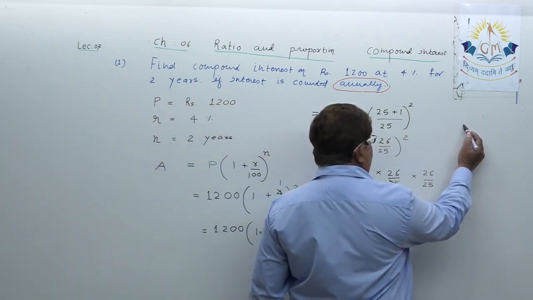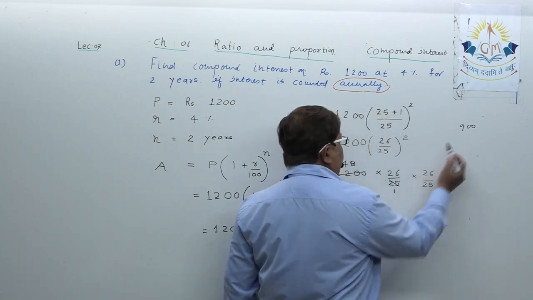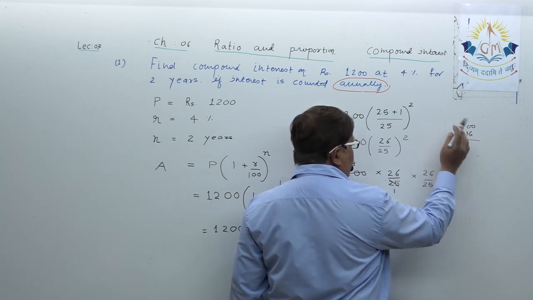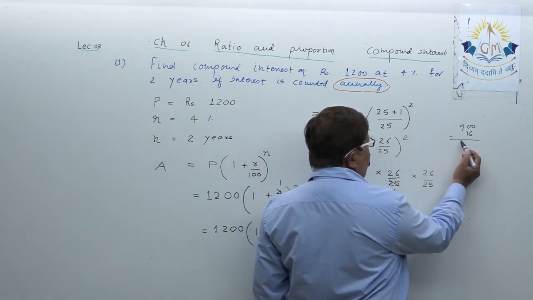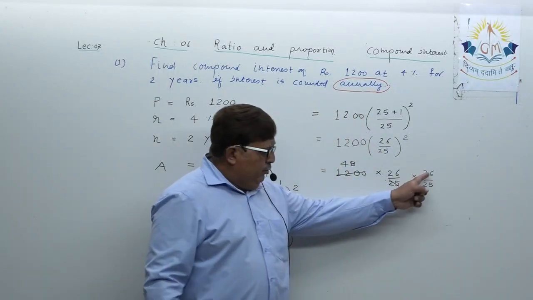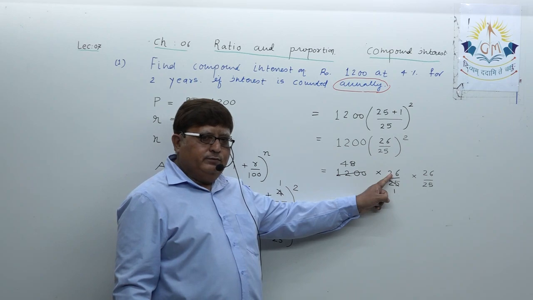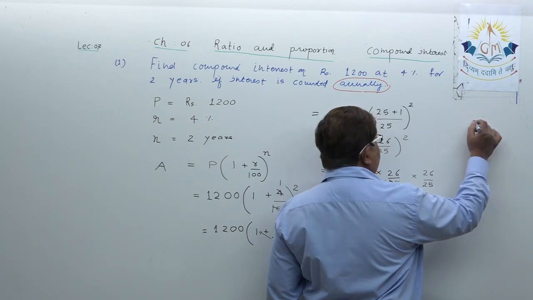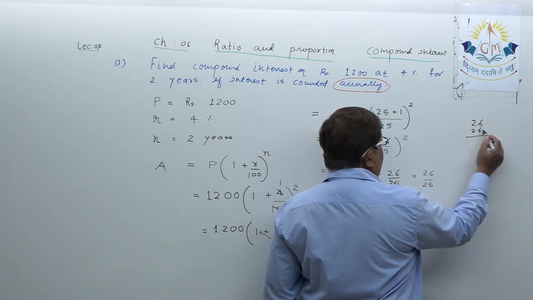Suppose we take 30 minus 4, then also, dear student, just by subtracting you will get 676 already. Okay. So 26 into 26, 676 into 48. Let us do it.